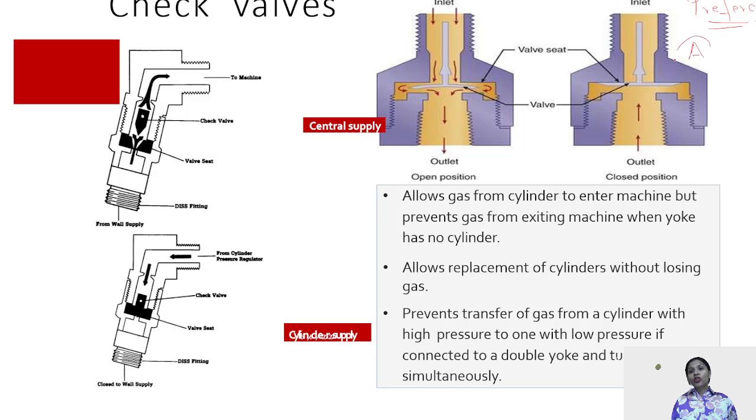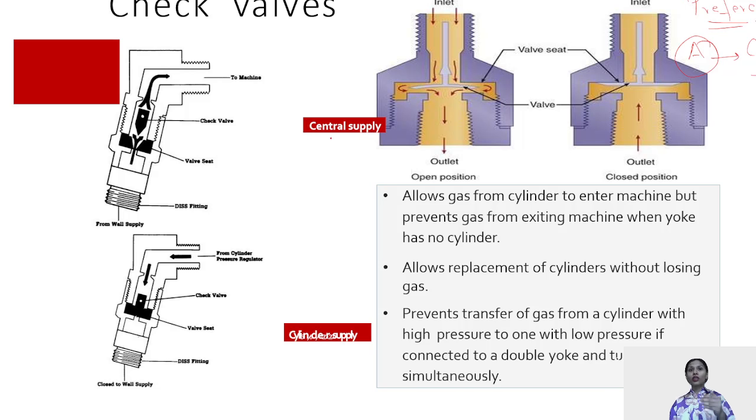The assertion that comes for the preference is that your pipelines are always at slightly higher pressures than what your cylinders can give.